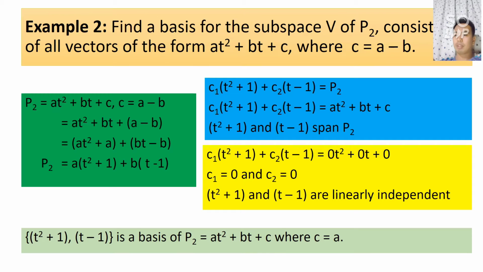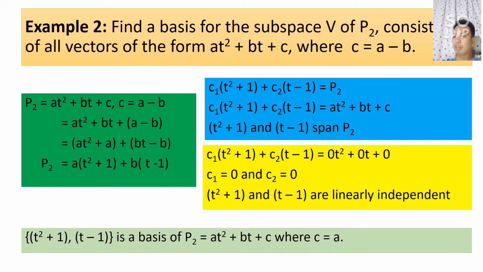Find a basis for the subspace V of P2 consisting of all vectors of the form at squared plus bt plus c where c is equal to a minus b. So P2 has the general form at squared plus bt plus c. Then let c be equal to a minus b.